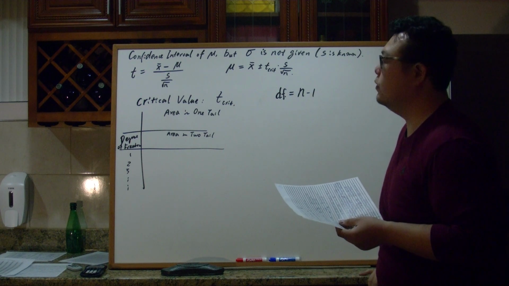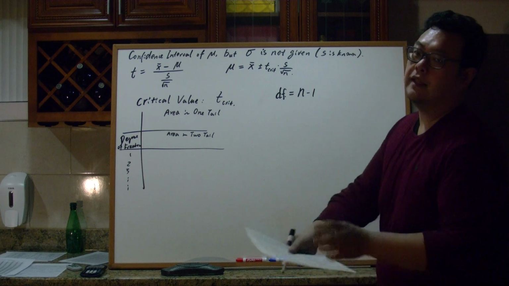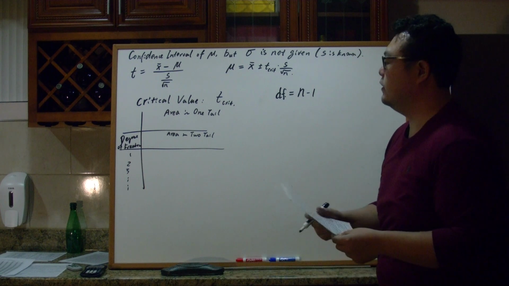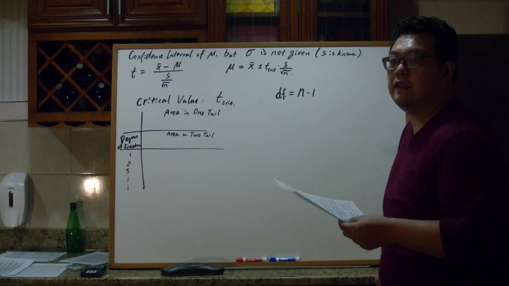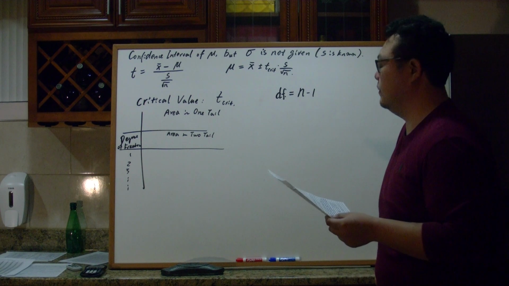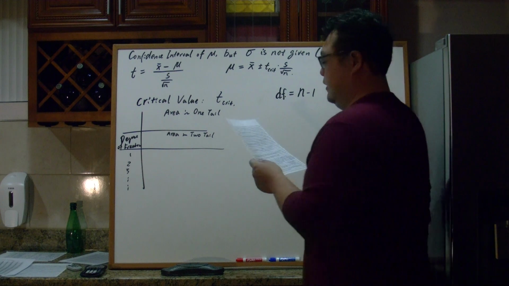Since we use the sample standard deviation as an approximation, the sample plays an important role there. Therefore, the degree of freedom is n-1. When the values are set for the sample mean and sample standard deviation, the data set itself will lose 1 degree of freedom, as we explained.